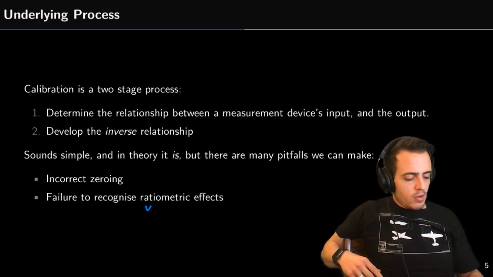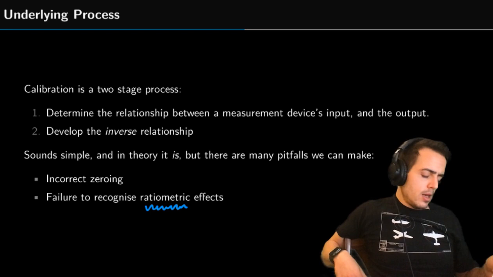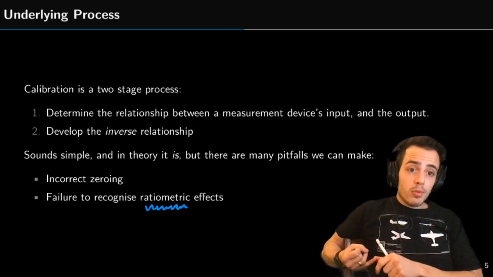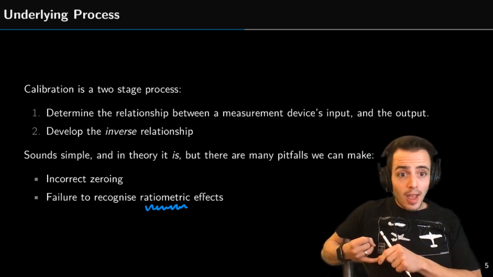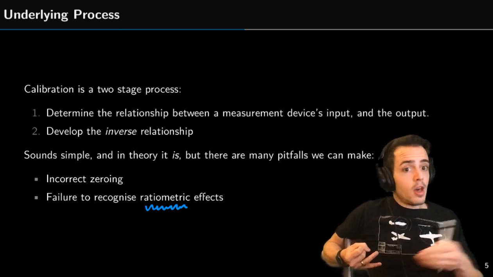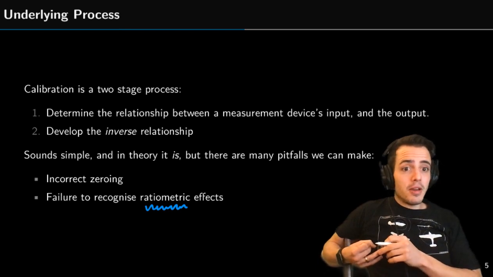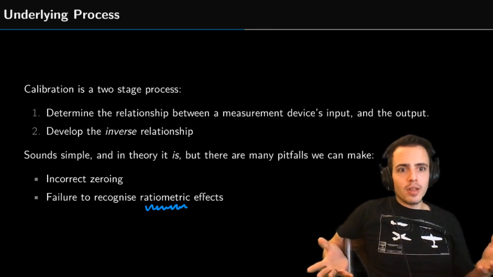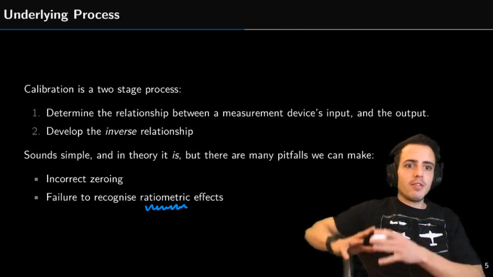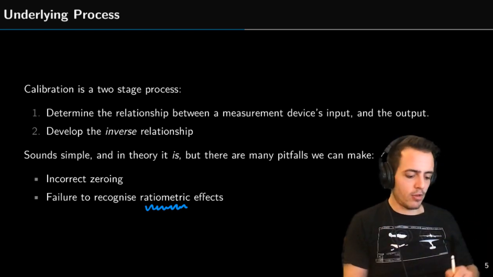So we're going to introduce this word ratiometric in a little while, and we're going to talk about what it means. So I've worked with graduate engineers who don't understand this and have taken poor data, and I've had TAs, none of whom are currently on this course, spend a day or so doing a calibration for me, only to have not recorded the input voltage, and thus the whole thing's ruined because they didn't understand this idea of ratiometric effects.